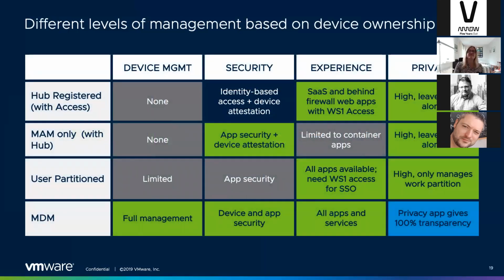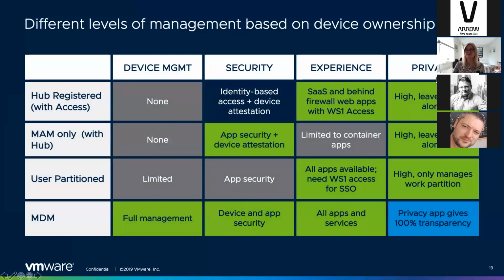So you have the different device management types over here: Hub, MAM, user partitioned, MDM. And then you can see here the level of management on the actual device, and the level of the security, the level of experience, and the level of privacy.